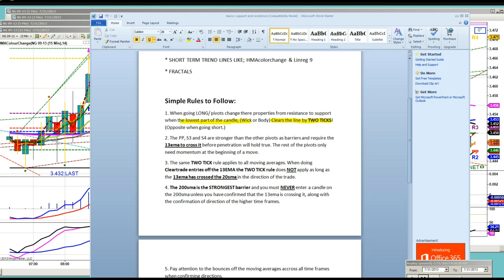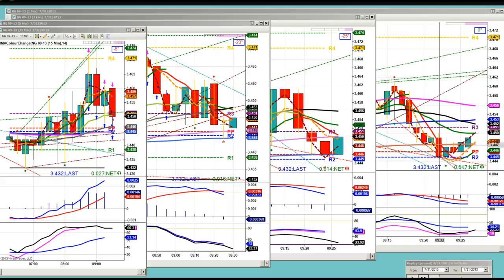So wick or body. In short, notice these wicks were all touching. Even though the body of the candle was below the 200, the wicks all touched. So the 200 never changed its properties from support to resistance because penetration never occurred.